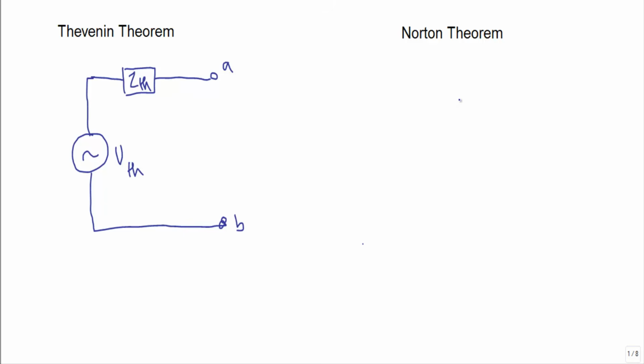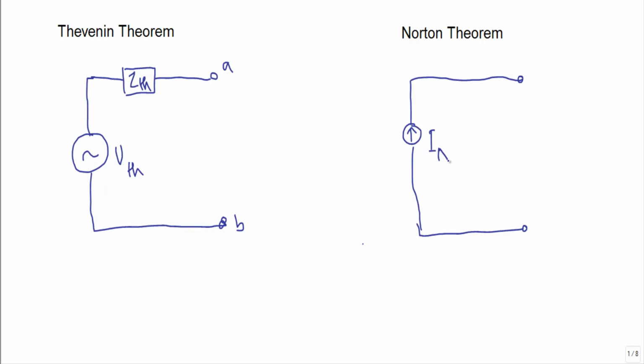And Norton theorem states that if within A and B terminals we have a very big network, we can reduce that network to a single current source in parallel with an impedance ZN between those two terminals.